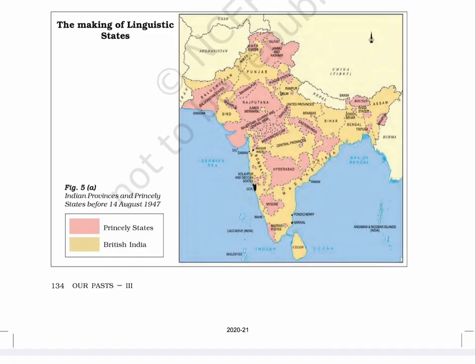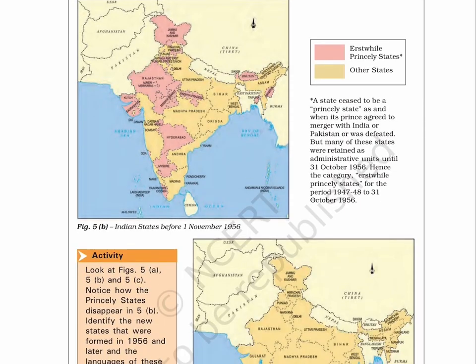Page 135, Figure 5b, Indian states before 1st November 1956. The pink color represents erstwhile princely states. The yellow color represents other states. Note, a state ceased to be a princely state as and when its prince agreed to merger with India or Pakistan or was defeated, but many of these states were retained as administrative units until 31st October 1956.